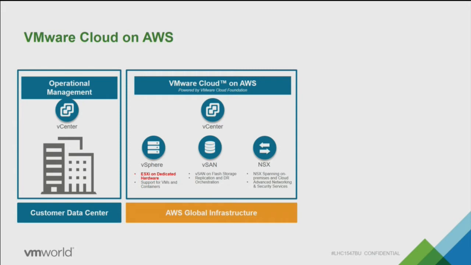So now, to start creating that hybrid environment, customers can create a connection, a link, initially an L3 IPsec VPN from on-prem to the cloud. And on top of this, we integrate with hybrid linked mode. So you have a single pane of glass, giving you the full management capabilities of your on-premises as well as your cloud resources from a single vCenter.